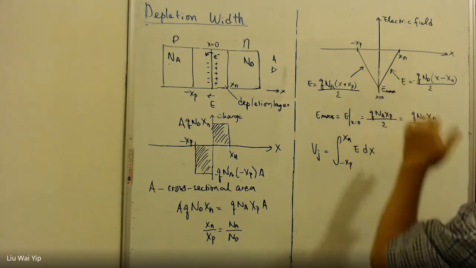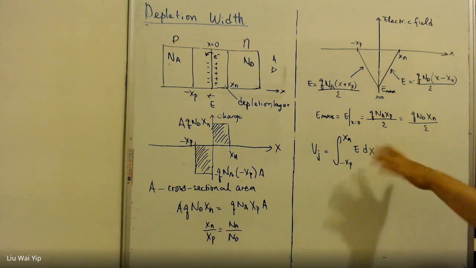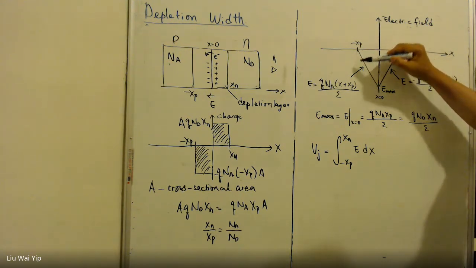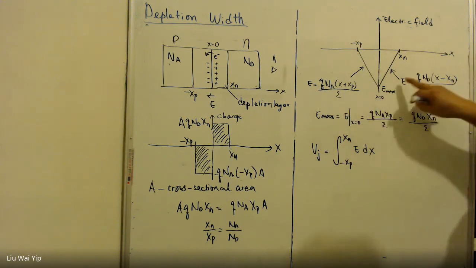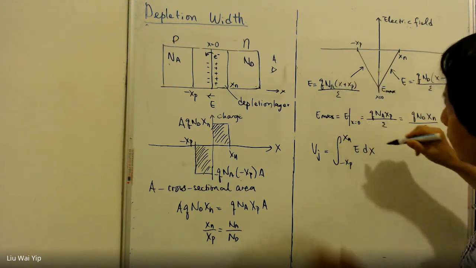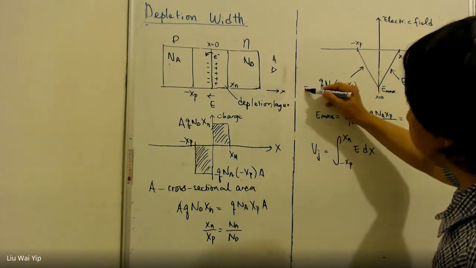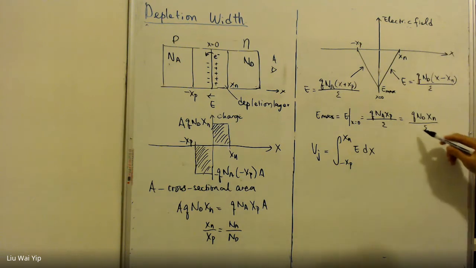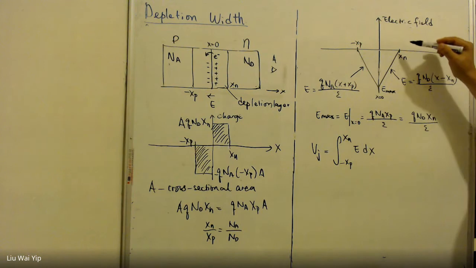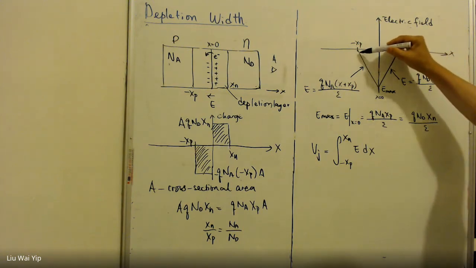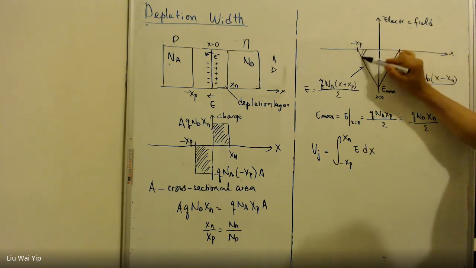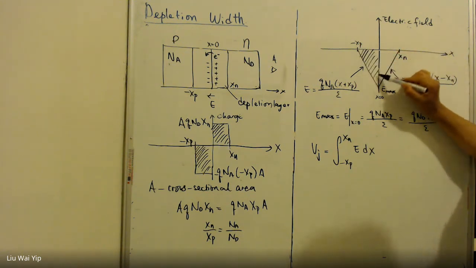We don't know how to start. But the electric field E of x can be calculated from these two formulas. If you want to just integrate the electric field from this point to this point, we just need to work out the area of this triangle.